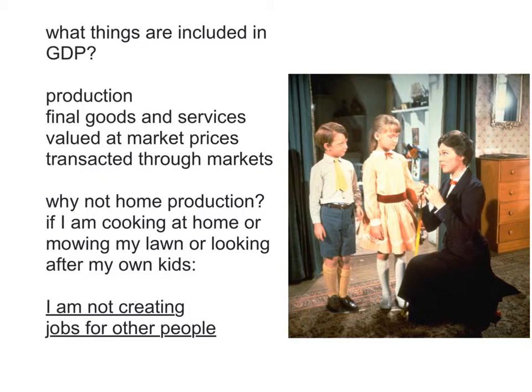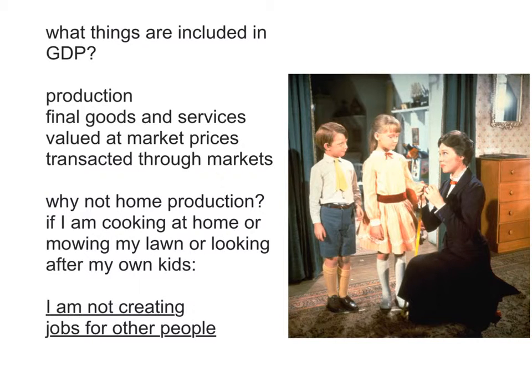We do not count intermediate goods and services because those intermediate goods and services get incorporated into the final good or service. We value things using market prices, which means we need market transacted goods and services in order to measure GDP.